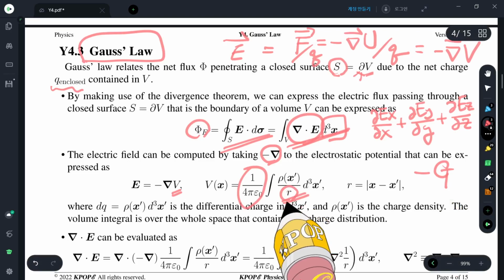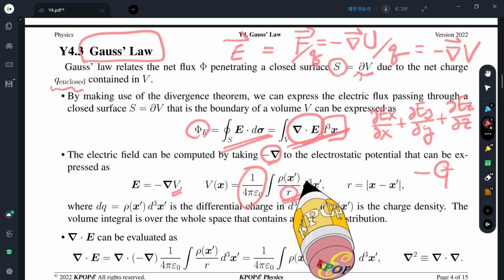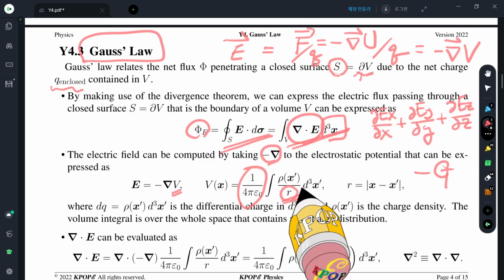Anyway, the geometric dependence, that is 1 over r for the potential, is identical.